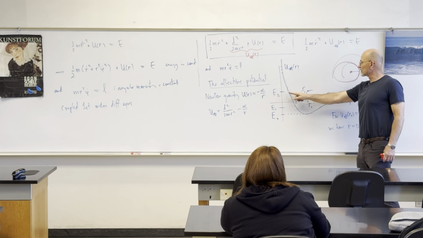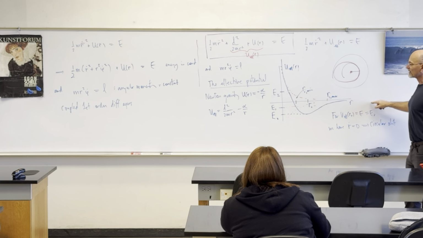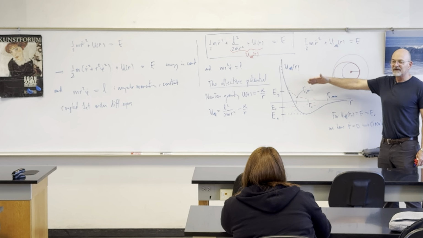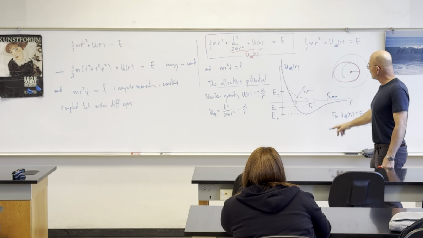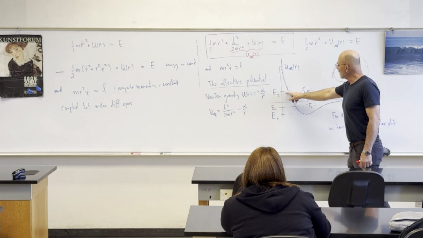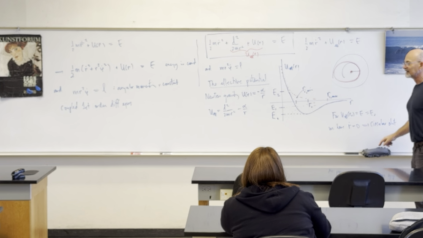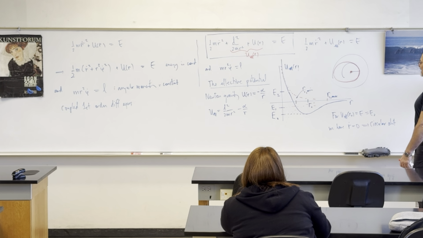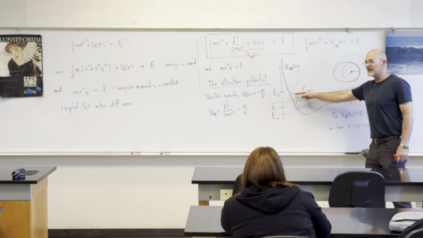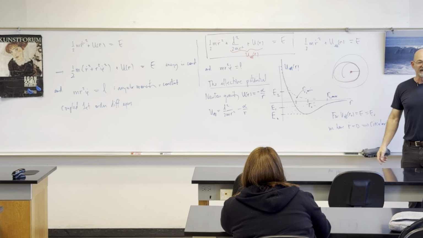If it was a roller coaster, it's going to leave and never come back because it has that extra energy. And so that means it's approaching, this was its closest point of approach, and then it's going to go out to infinity. Or it could have come in from infinity, reach that closest approach, and then go out to infinity again.